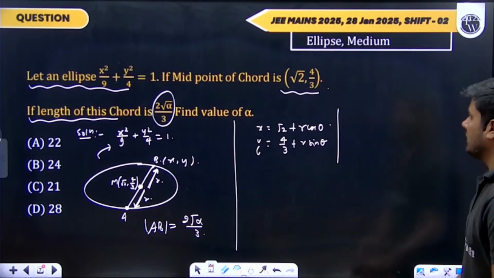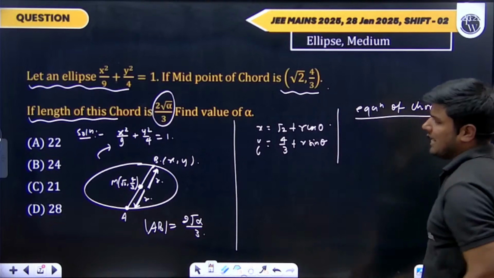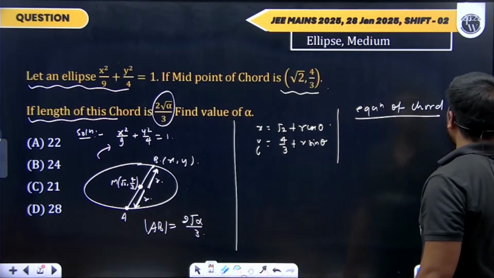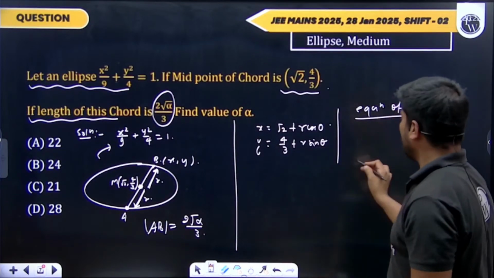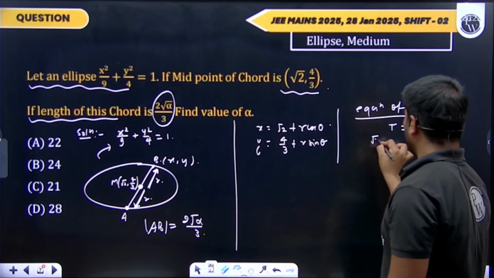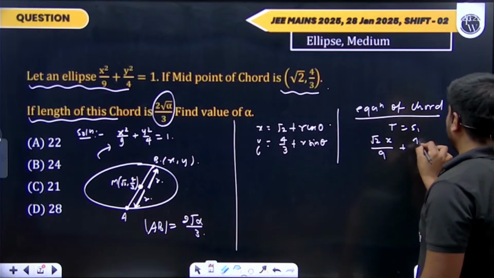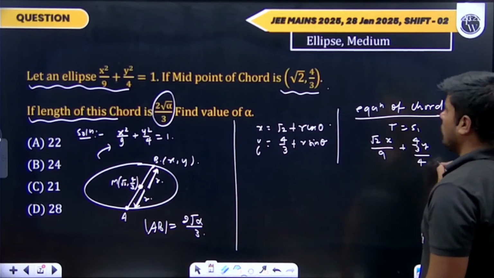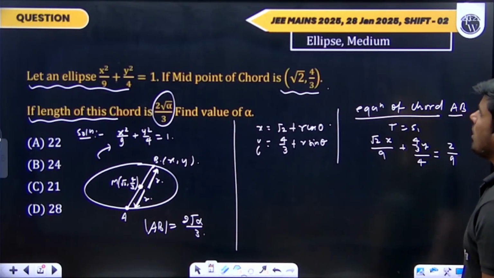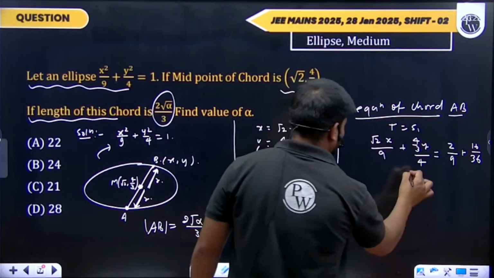One more thing, the equation of chord AB. Because here the values of sin theta and cos theta are required, we have to know the inclination of this chord AB. So the equation of chord AB will be T equals to S1, that is, root 2 x upon 9 plus 4 by 3 y upon 4 equals to 2 upon 9 plus 16 upon 9 into 4, that is 36.